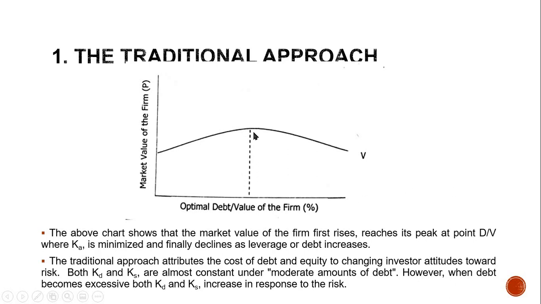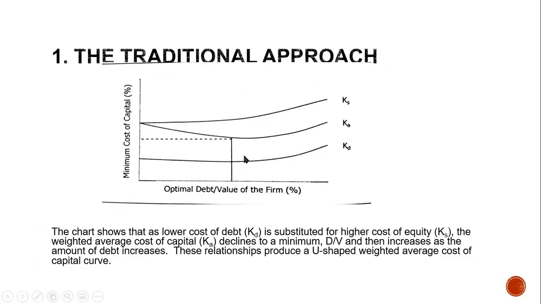Ayan, itong pinakamataas na point in this graph here is actually the optimal debt value of the firm. Okay? Where the cost of capital is minimized and finally declines as leverage or debt increases. So when you take a look at this chart right here, ito yung point na pinakamaliit ang ating weighted average cost of capital.